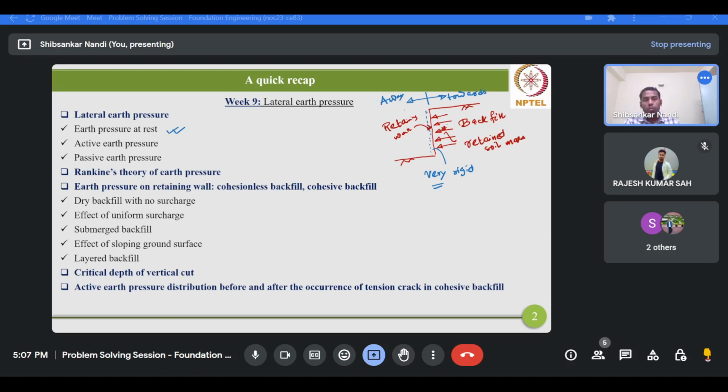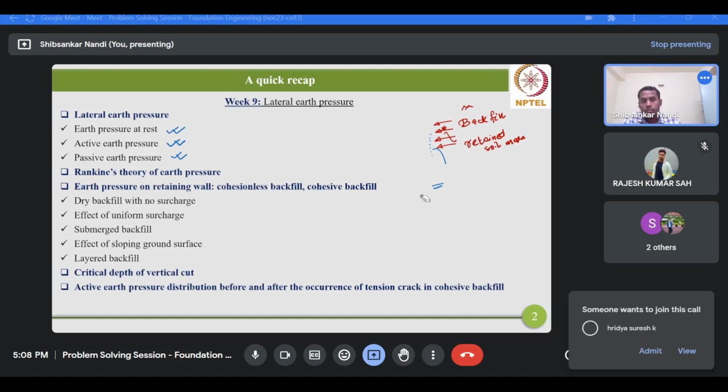If the wall is moving away from the backfill, whatever pressure is generated is known as active earth pressure, and in the opposite scenario, when the wall is moving towards the backfill, this is known as passive earth pressure. This is a brief explanation about all these three terminologies.